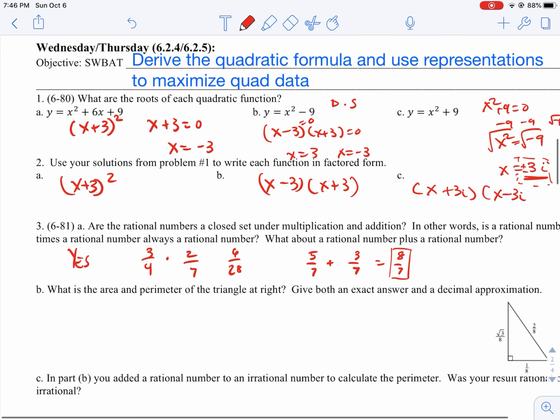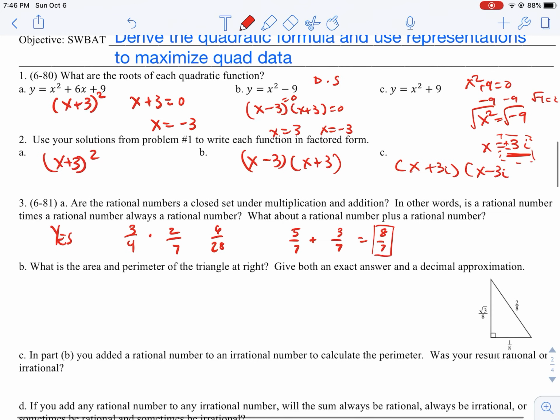The second to last one, what is the area and the perimeter of the triangle? Give both exact and decimal approximations. So the area is going to be nice. We'll do 1/8 times √3/8, all over 2.